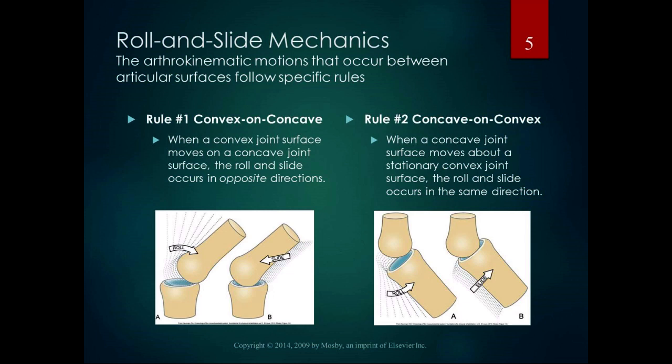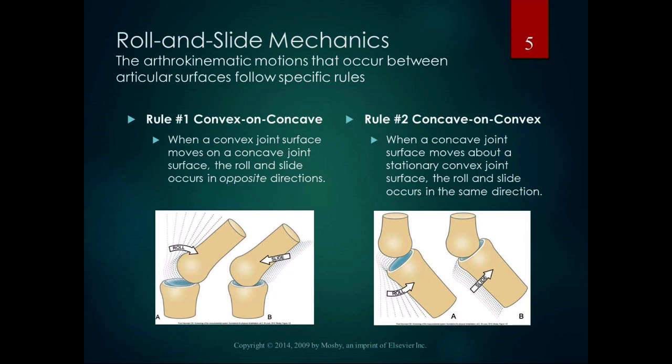If you have a convex-concave surface around your house, you can experiment. Store this away, and when we get into the lab, we'll go through it again, and hopefully it'll make sense to you then. But rule number one is when a convex surface is moving on a concave surface.